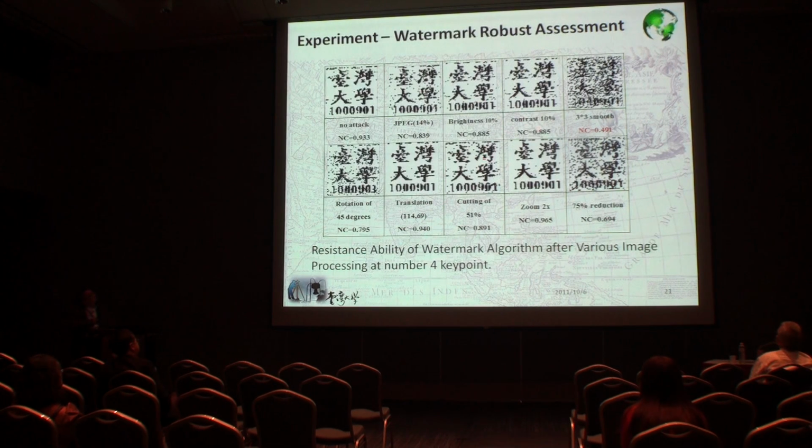And you can find the result is very good in addition to this one, smoothing. This is the main problem. We also want to find another algorithm to conquer this problem of smoothing.